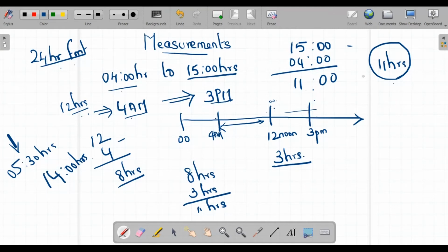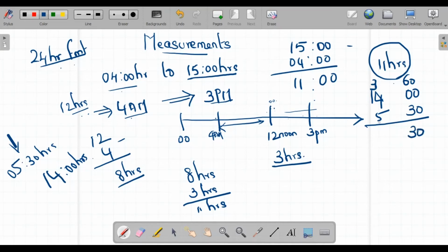So I am putting 14 and 00, and then 5 and 30. Remember how we subtracted time when we did the time measurements? So here I am going to borrow 1 unit from here. So this 14 becomes 13 and the 00 now becomes 60, correct? Because the 1 hour that you borrow gives me 60 minutes. So 60 minus 30 is 30.